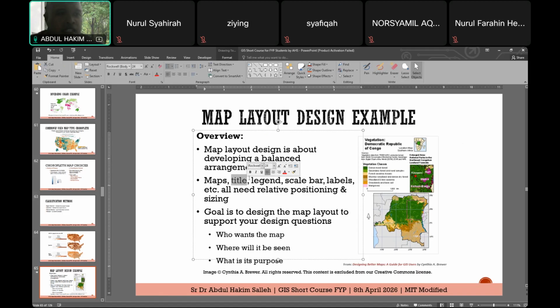Of course, the title is the aim of the map, to show the distribution of obese people. The legend will be the density of obese people by cities. The scale bar is the size of the map to the distance on the ground, the actual distance on the ground.